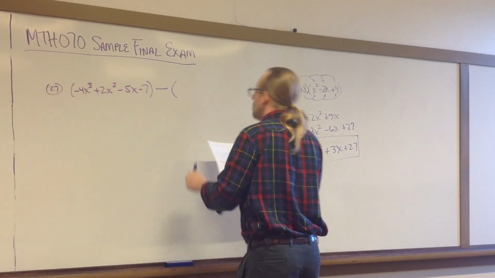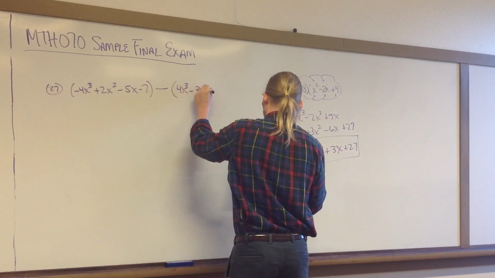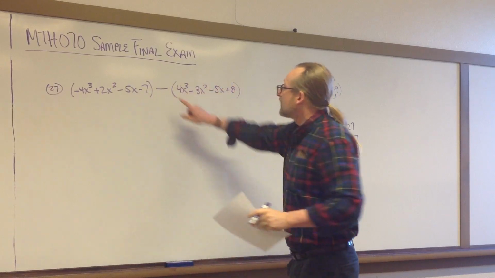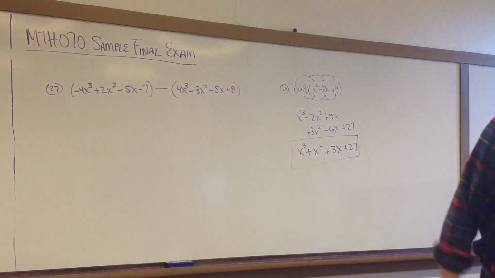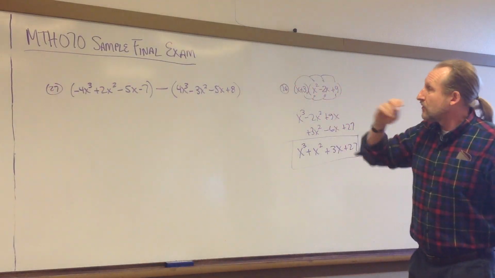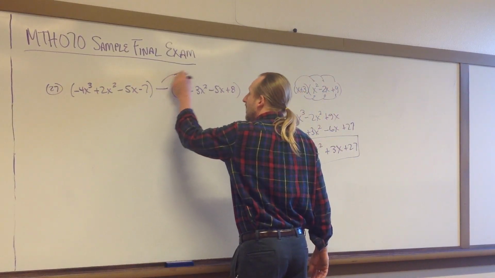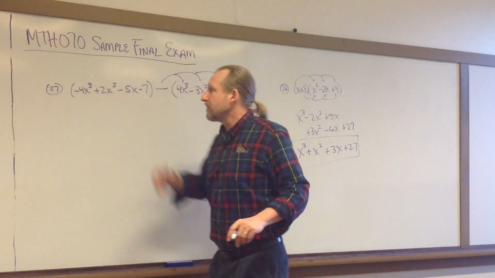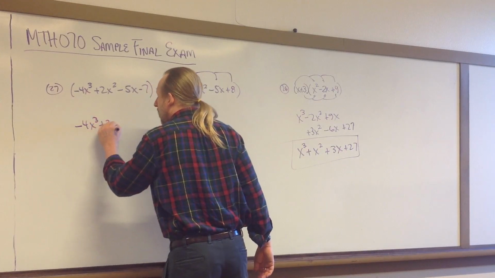Subtraction, 4x to the third minus 3x squared minus 5x plus 8. Okay? Notice, there's a sign in between the parentheses, and that indicates that we are not going to distribute. We're not doing multiplication here. Well, I mean, I am going to distribute this minus sign. Okay, that's important. But don't try to distribute all of these things. Okay? So this just stays the same.